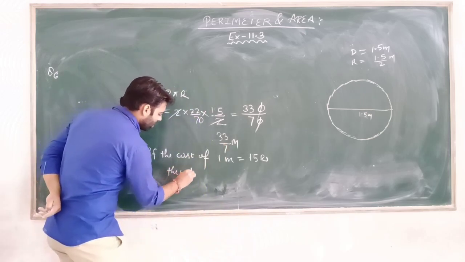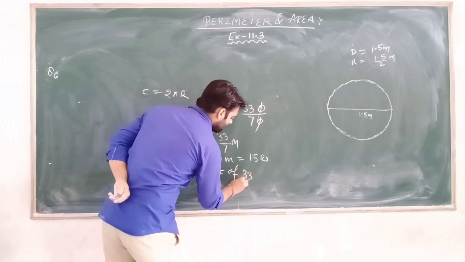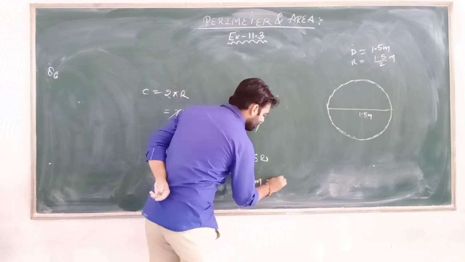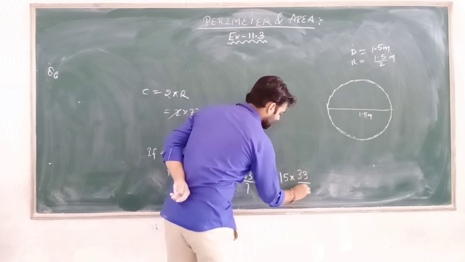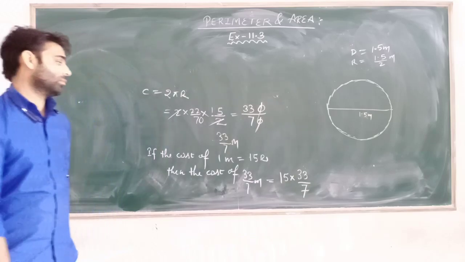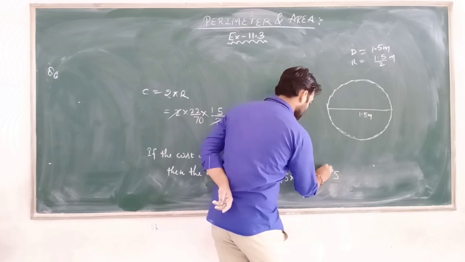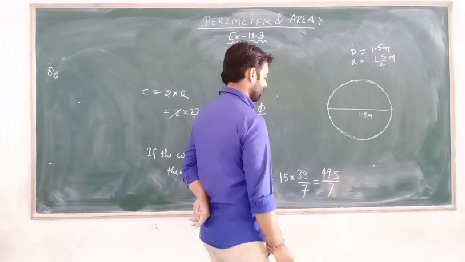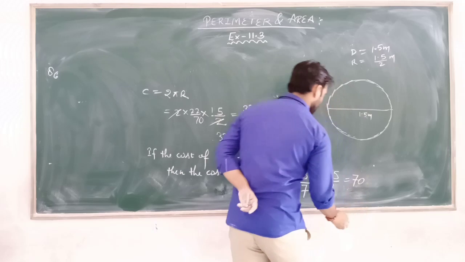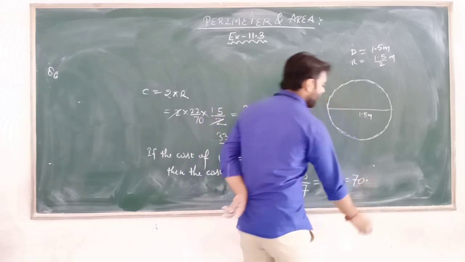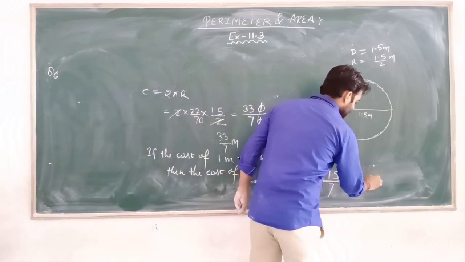Then the cost of 33 upon 7 meters, we have to simply multiply 15 by 33 upon 7. The value will be 70.65. I think 70.65 will be the answer of this question.